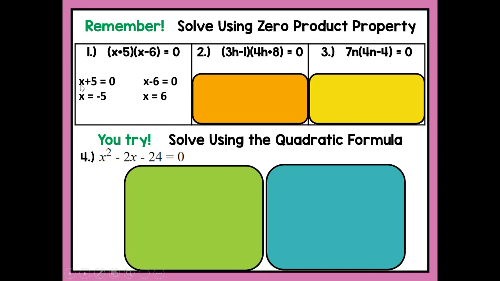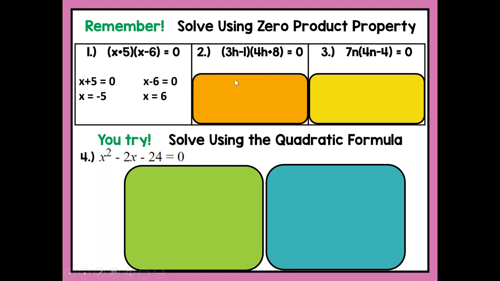All right, so we set x plus 5 equal to 0 and solve, and we get x equals -5. And we set x minus 6 equal to 0. Add 6 to both sides and find that x is equal to 6. Both of those answers are solutions for this equation.